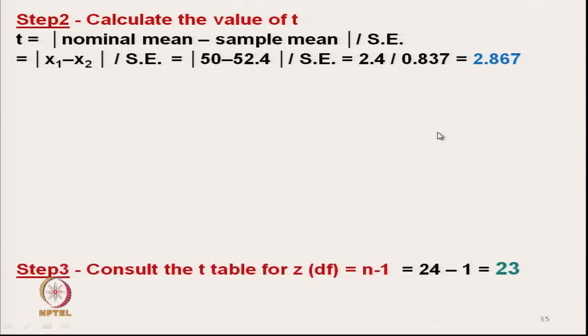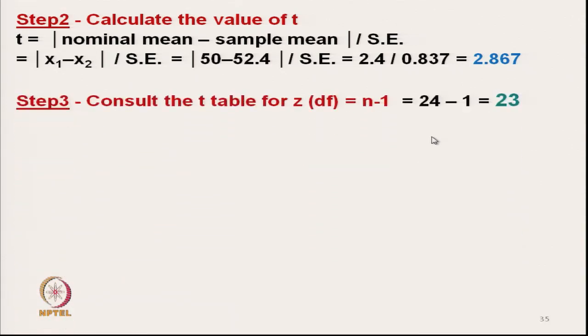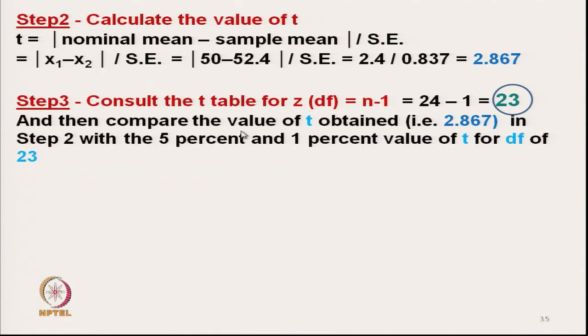Now, this T value we have to compare with the table T value for a particular degree of freedom, which is nothing but n minus 1, where n is the number of samples. So, we have 24 samples, so the degree of freedom becomes 23. For that particular degree of freedom, from the table we can get the T value.